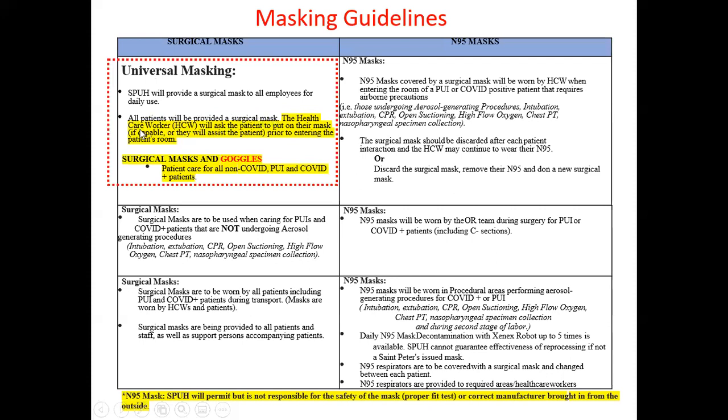The healthcare worker will ask the patient to put on the mask, or will assist the patient, prior to entering the patient's room. Surgical masks and goggles should also be worn in patient care for all non-COVID and even COVID patients. In both cases, we have to follow the universal or standard precautions.